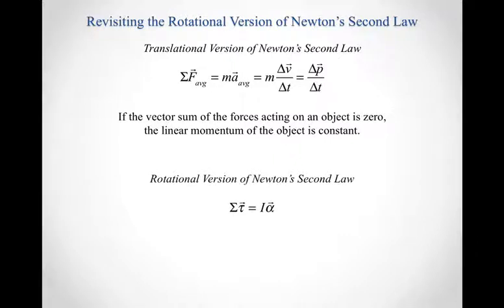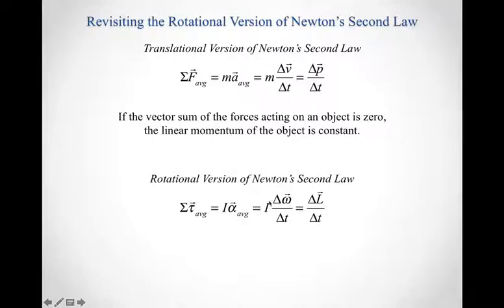The rotational version of Newton's second law I can play the same game with. So what I'm going to do is just say, well, on average, the average net torque acting on my object has got to be equal to the rotational inertia of the object times its average angular acceleration. And again, the average angular acceleration is equal to the change in the angular velocity divided by time.